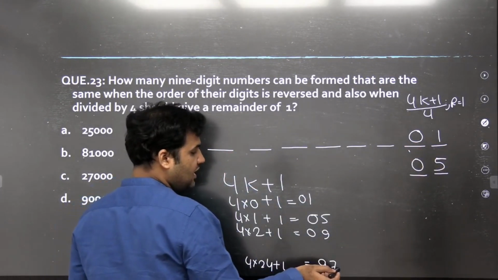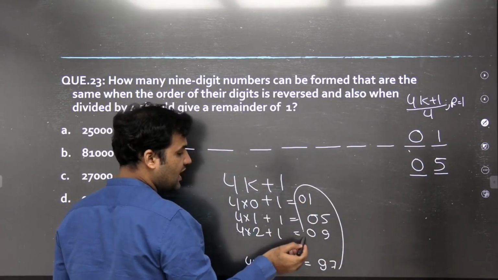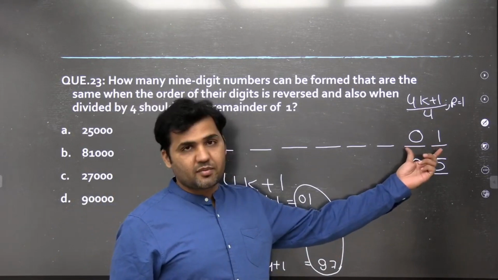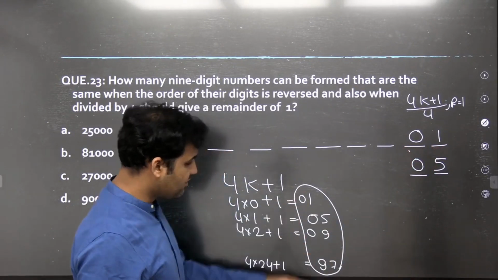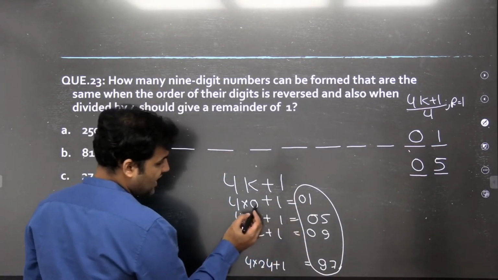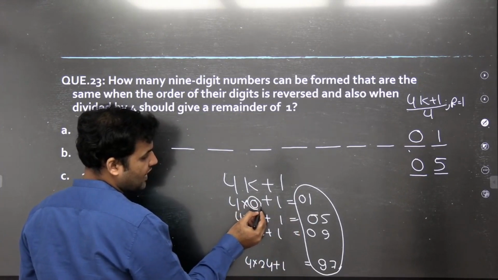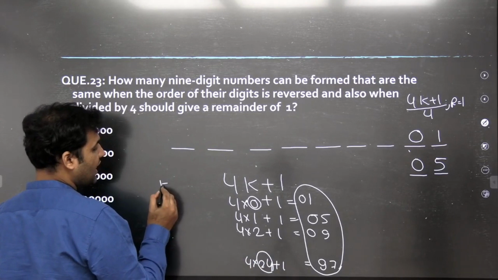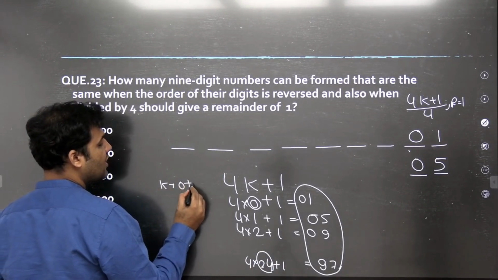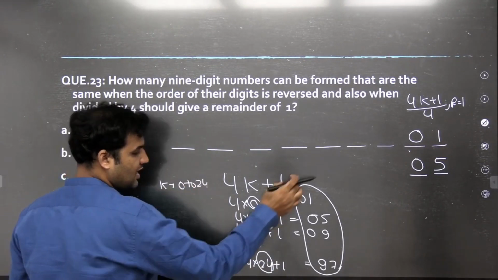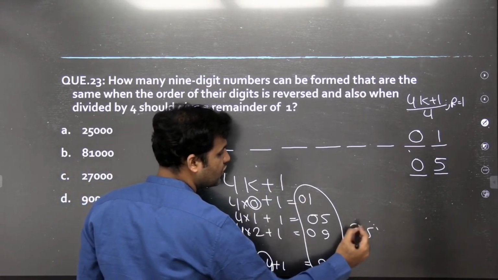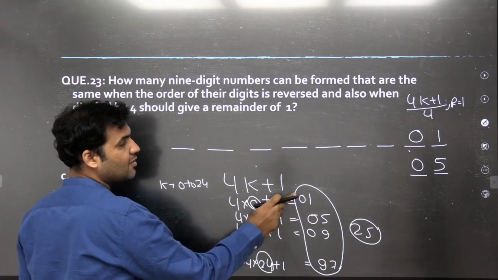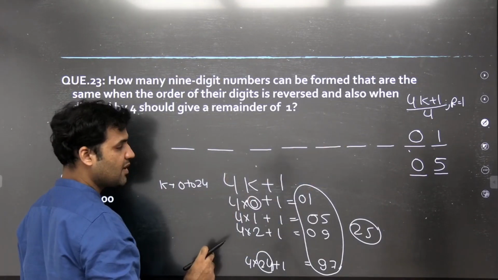So these are the possibilities to get a remainder of 1 for the last two digits when divided by 4. And how many numbers are there? Guys, you started with the value of k as 0 and go on till 24. That means the total numbers are 25. For every possible value of k, you are getting a number which satisfies our condition of remainder 1.